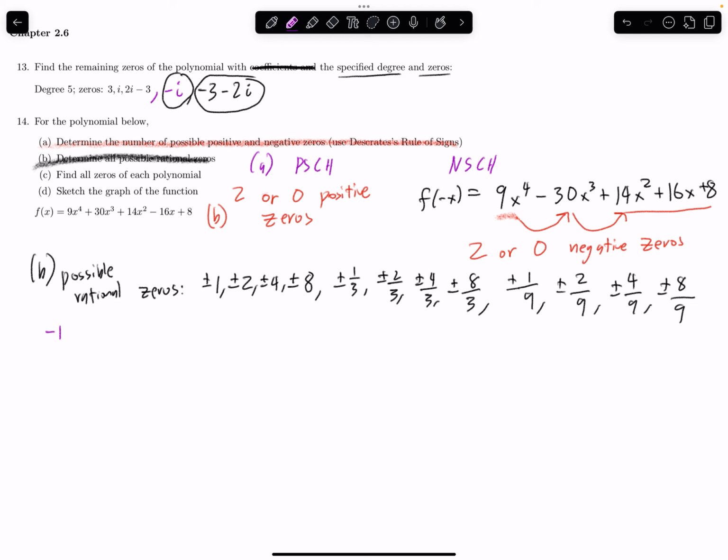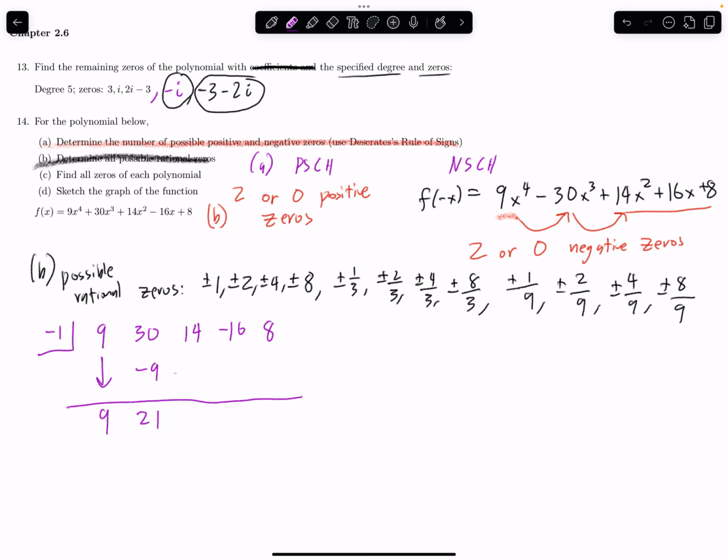But let's try negative 1. Negative 1 has a better chance, I think, because at least the 30 and the 16 are going to flip sign. Actually, no, yes. The 16 flipping signs might actually work against us. But let's just try. Okay, so 9 comes down, right? 9 times negative 1 is negative 9, plus 30 is 21.